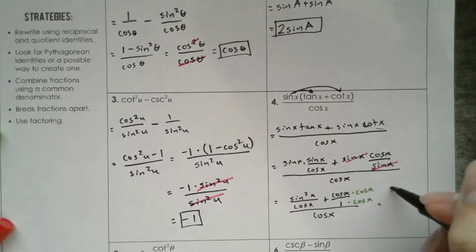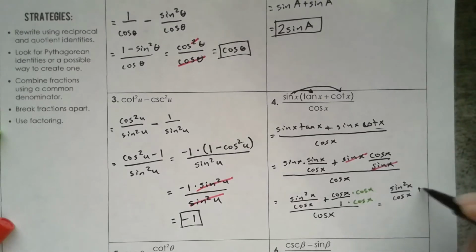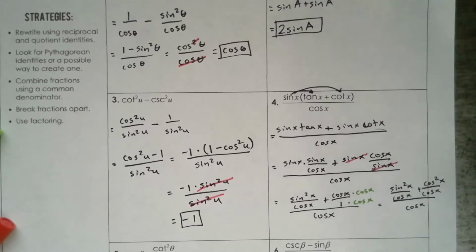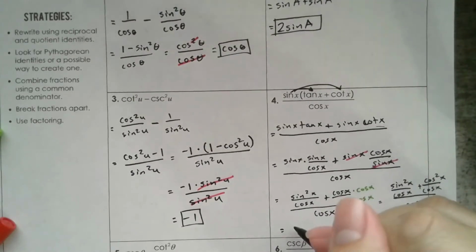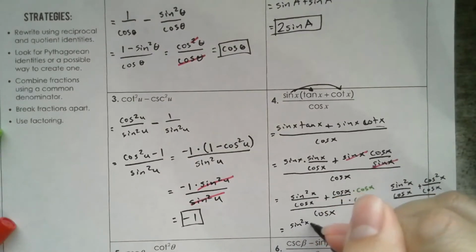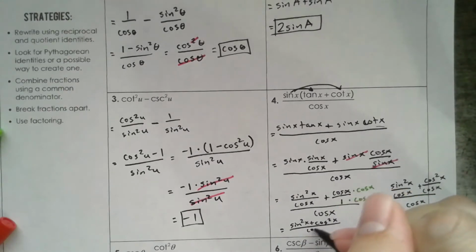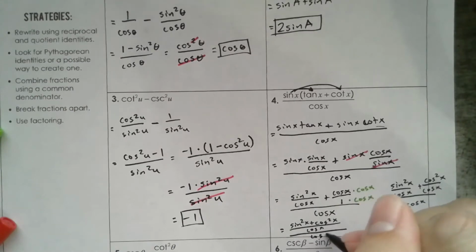That'll give me sine squared x over cosine x plus cosine squared x over cosine x, all over cosine x. Now I have fractions I can combine on the top. So that'll become sine squared x plus cosine squared x all over cosine x, all over cosine x.